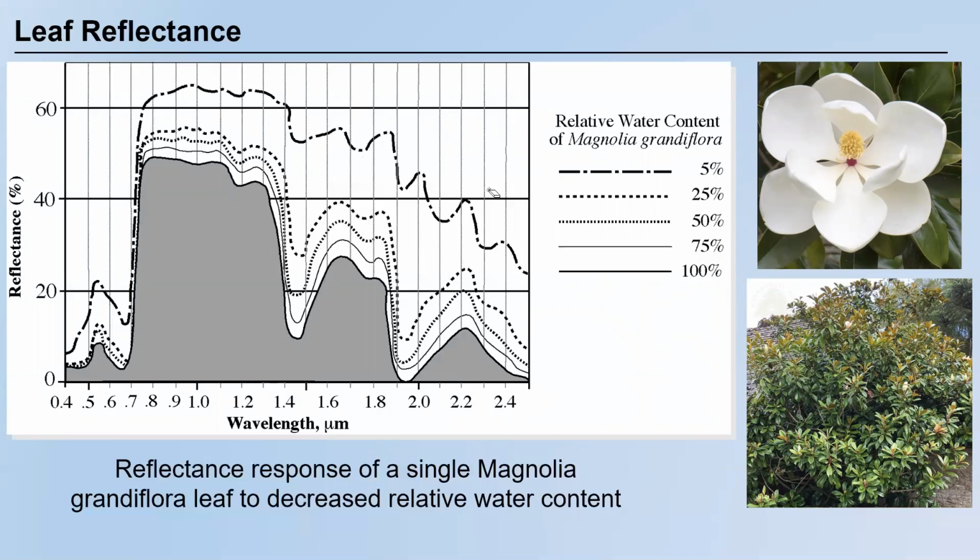So here is just an example to show you that addressing the relative water content percentage is important when we compare vegetation reflectance spectra.